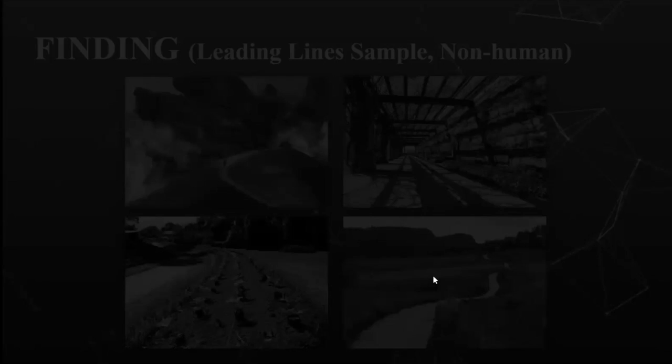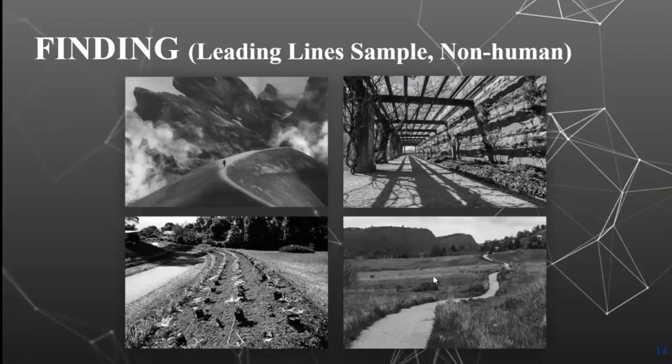The next topic that we are going to show the results for is leading lines. In these images, it's photographed so that some objects are leading the human eyes to some points. So what does it mean? It means the artist tries to lead our eyes by selecting objects as the leading lines, not humans.